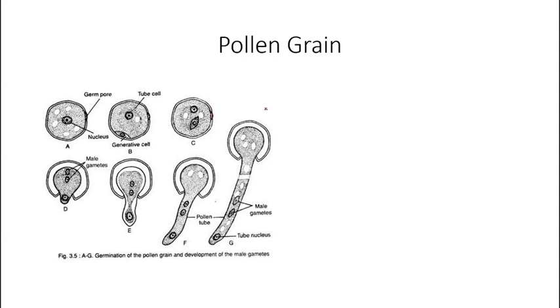So look here, there is an aperture from where the pollen tube will come out. This aperture has a thin walled area. That is why the pollen tube can come out from here. Clear? This picture is just to show you that the aperture has thin walled areas. About the later steps we will discuss in some time.